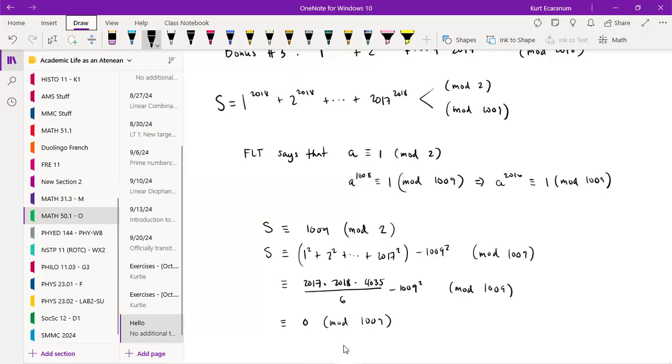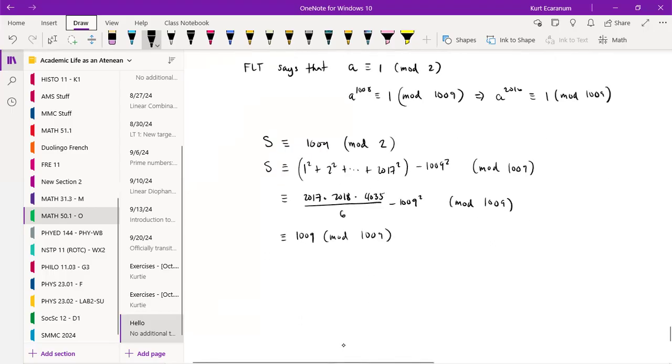And so, if S is 1 mod 2, instead of 0, we can say we can add 1009 to the right side. And yeah, S would be, via previous theorem, nakailang applications na tayo na ito.